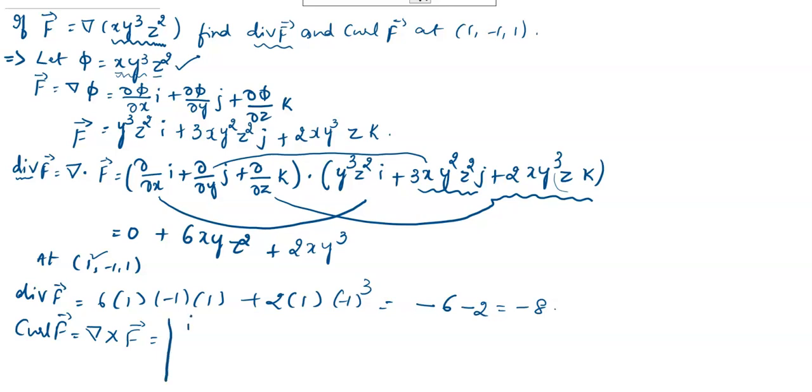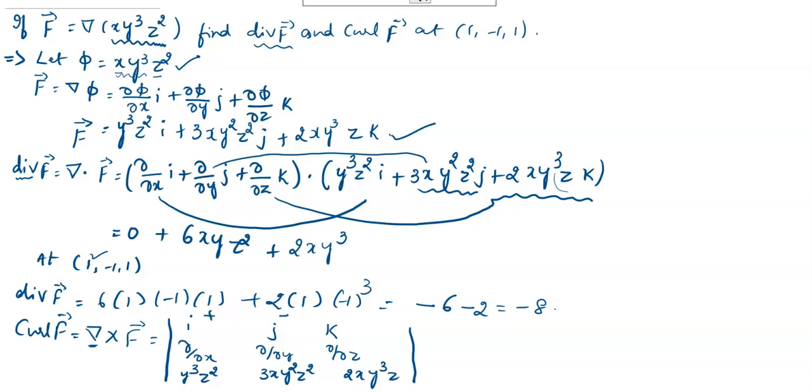It will be the determinant with i, j, k, then the coefficients in nabla, dou by dou x, dou by dou y, dou by dou z, and then the i, j and k coefficients of the f vector: y cube z square, 3 x y square z square, 2 x y cube z. Now expand this determinant.